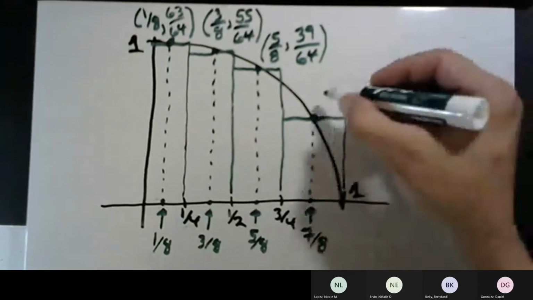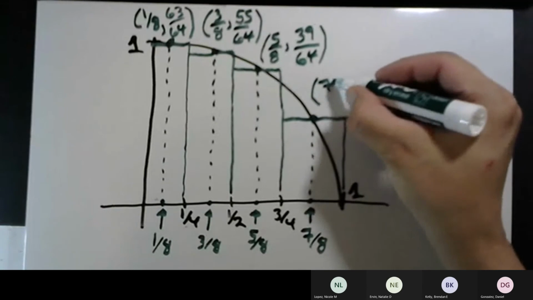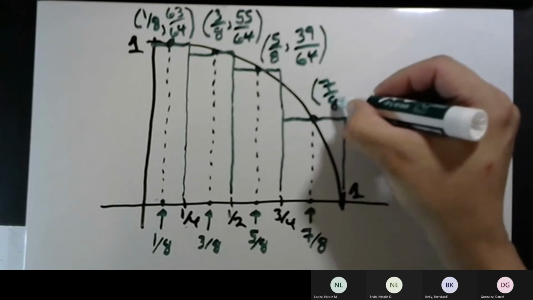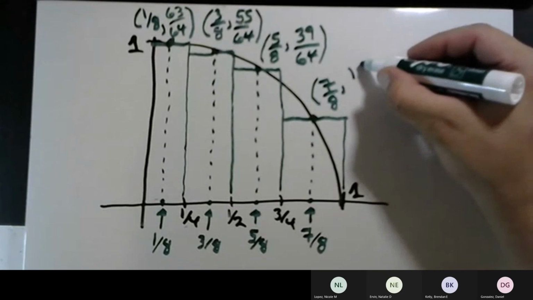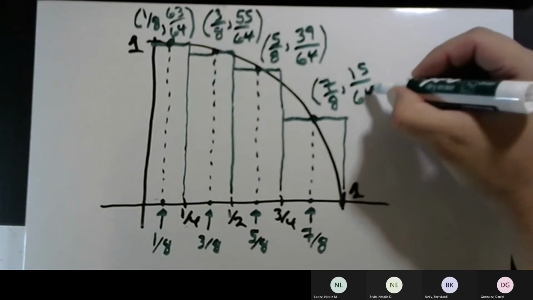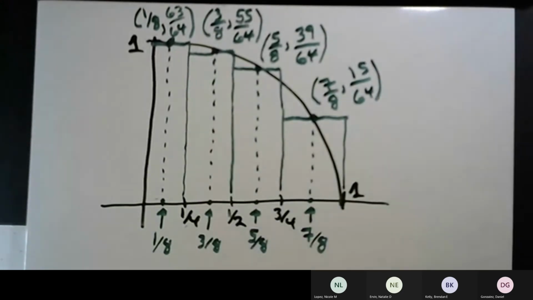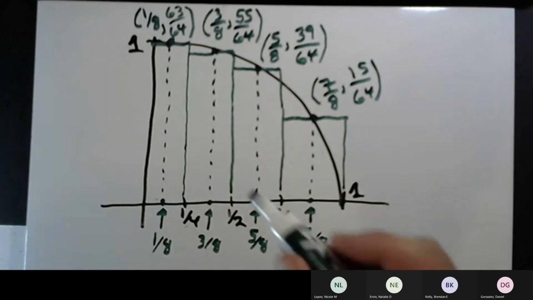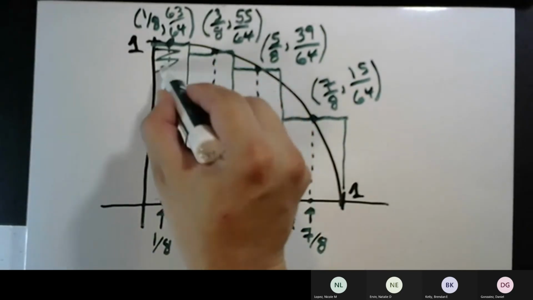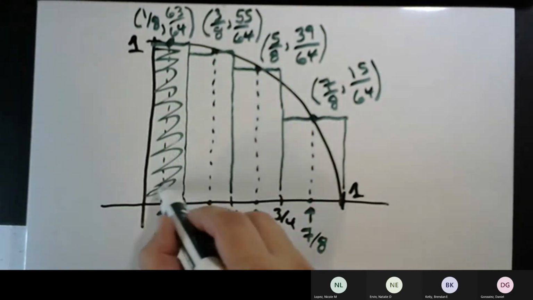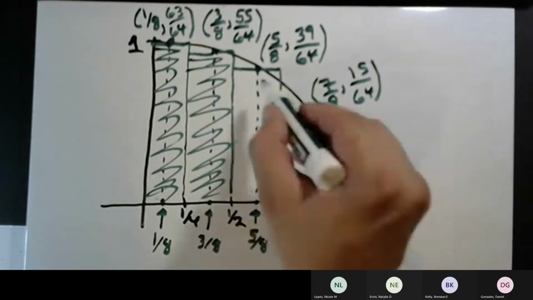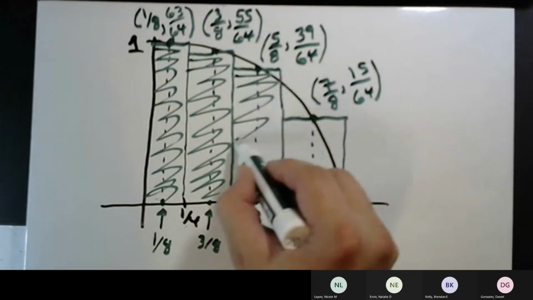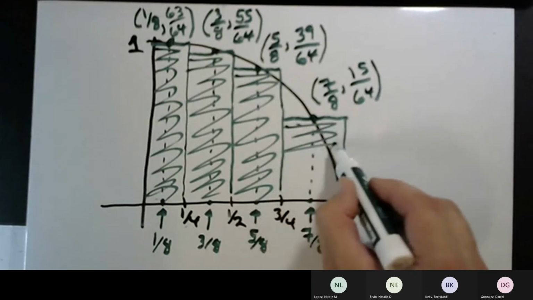And then this one, 7/8, 15 over 64. And so once again, we're going to approximate this area using this type of sum.